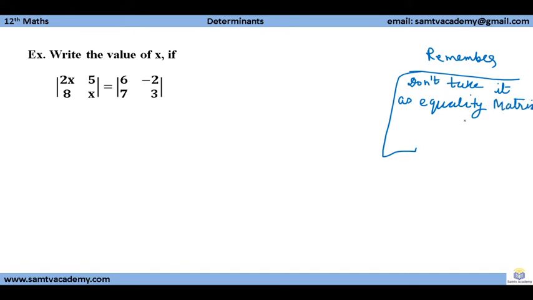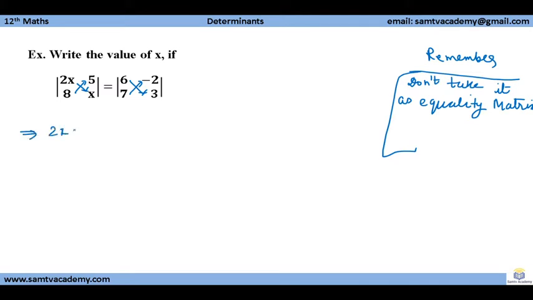So don't get confused with equality of matrices. In this it is a determinant, so you have to find the determinant of both sides and then equate. So like this you will solve.